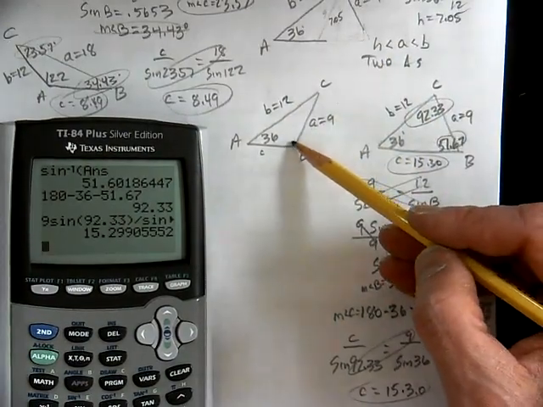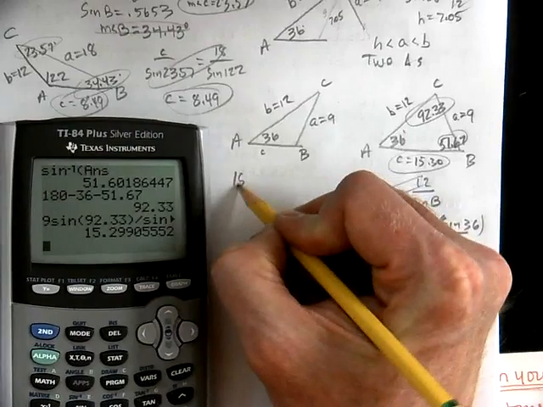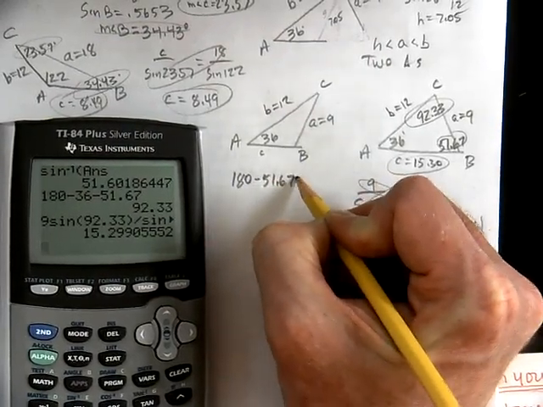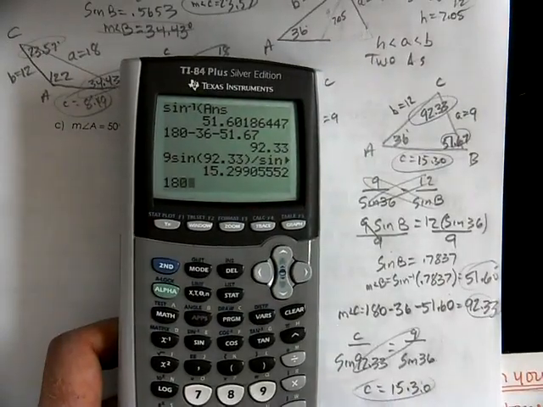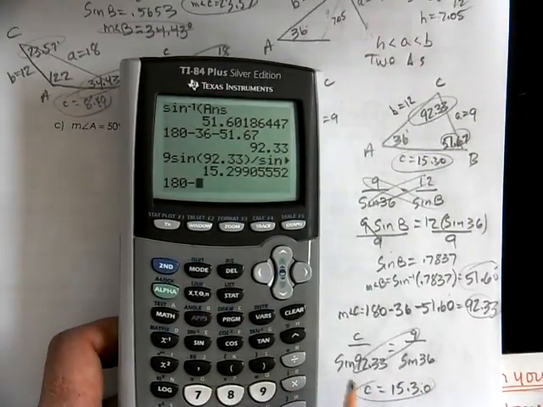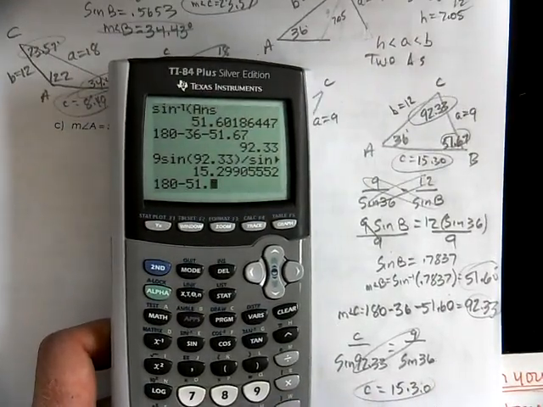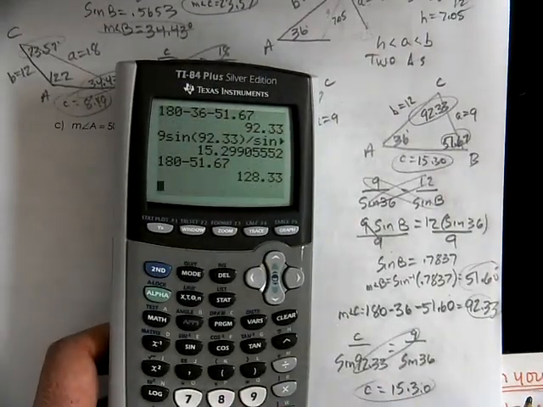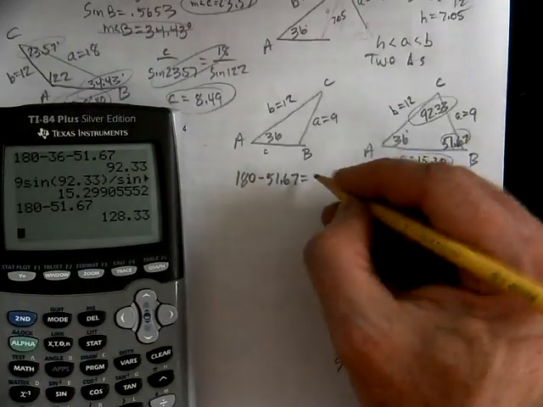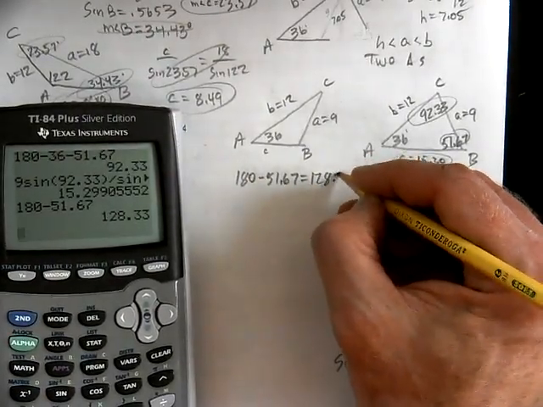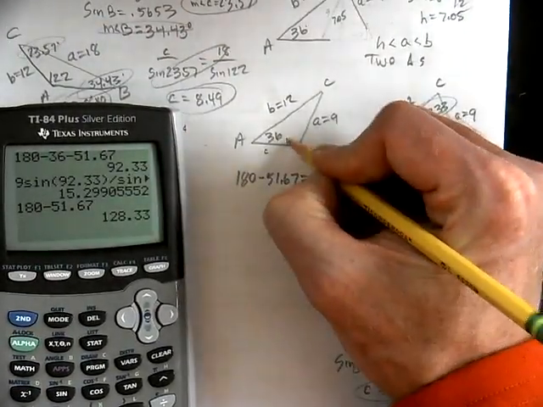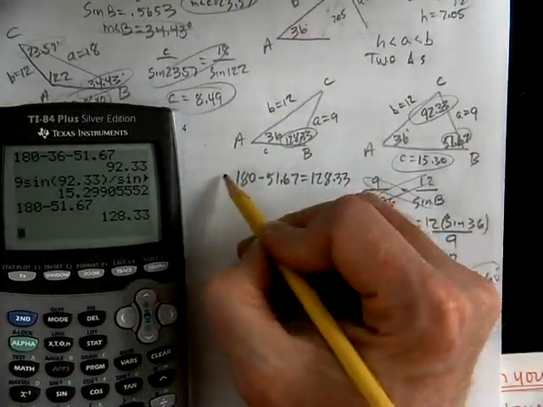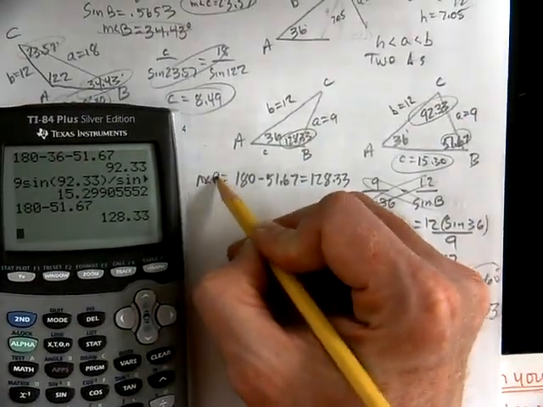This is that same angle. So 180 minus 51.67, that's going to give us 128.33. That's the measurement of angle B.